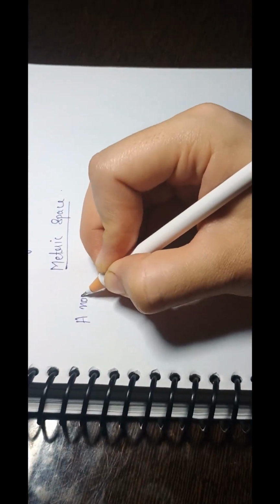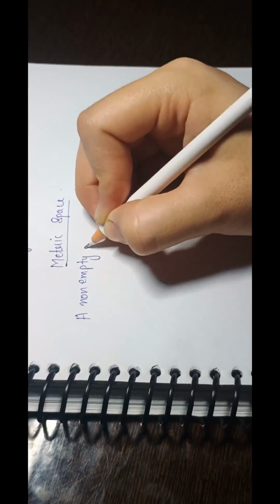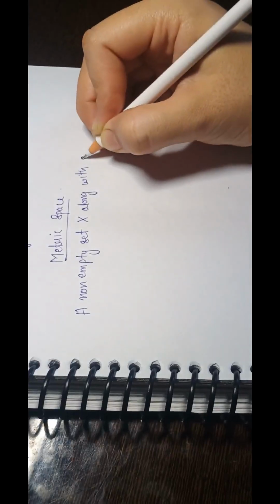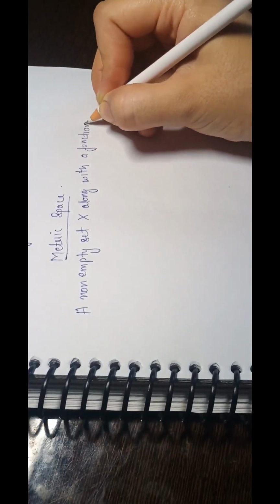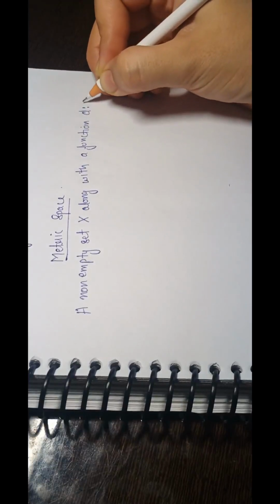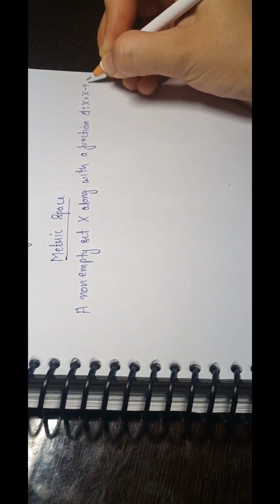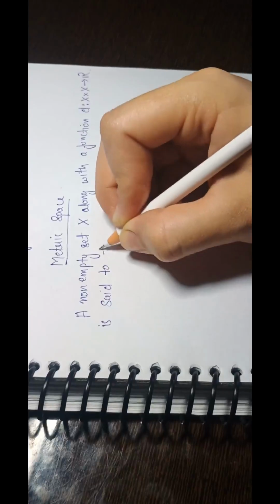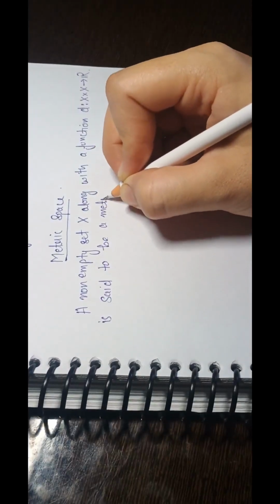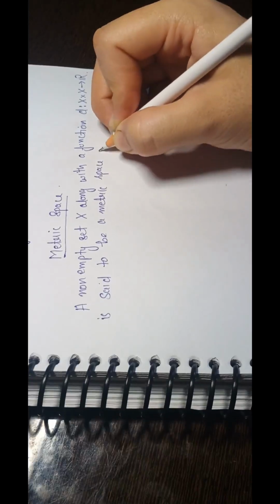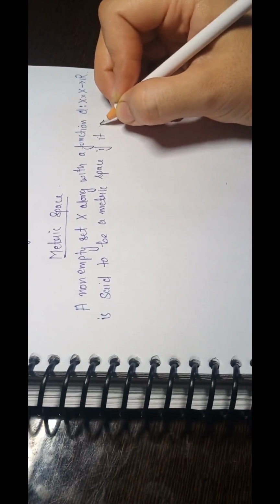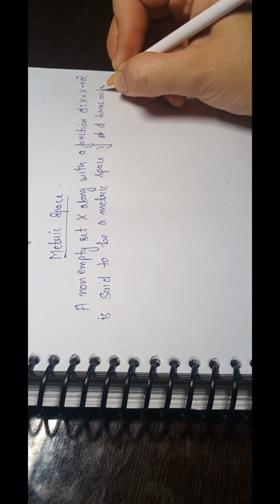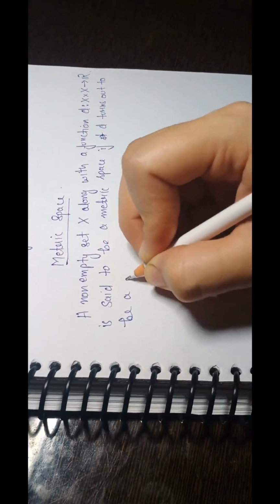So you will say a non-empty set X along with a function D defined from X cross X to R is said to be a metric space if D turns out to be a metric.